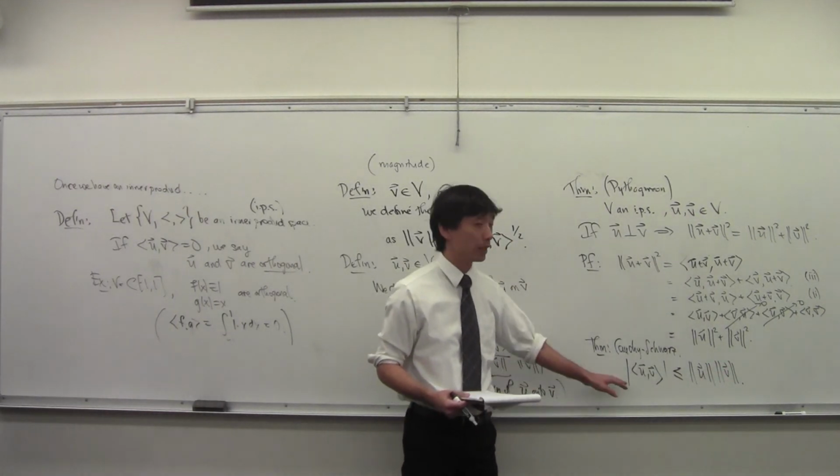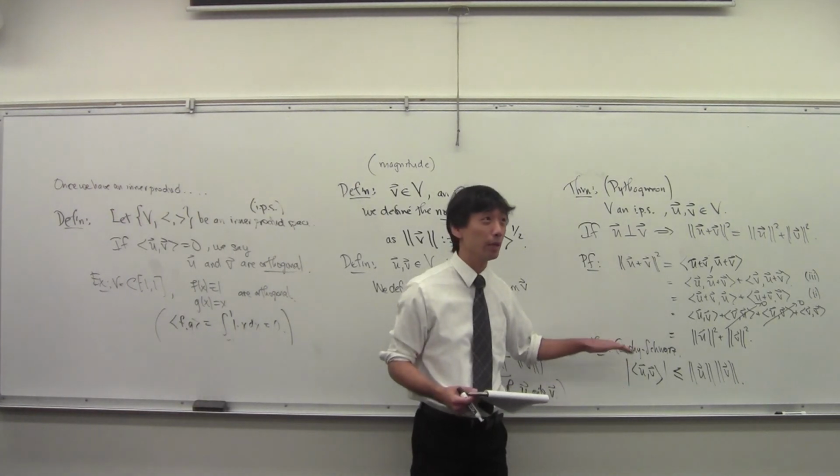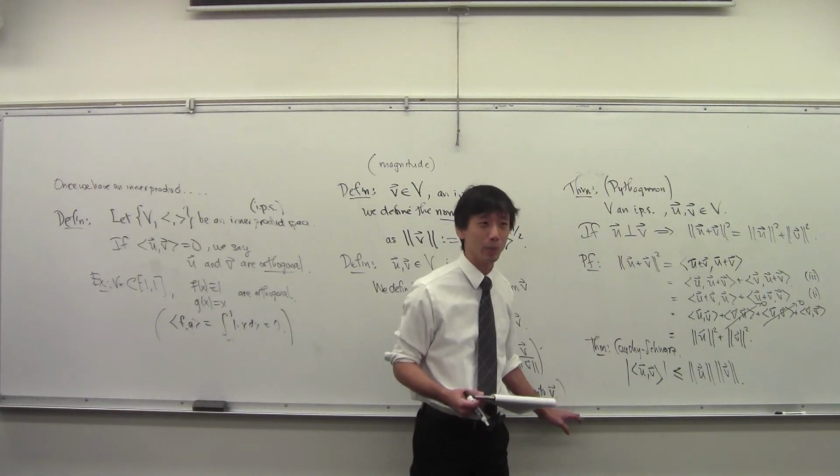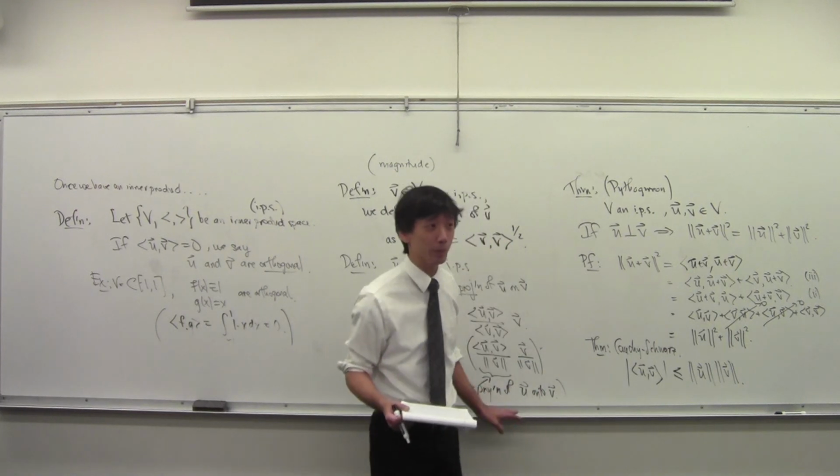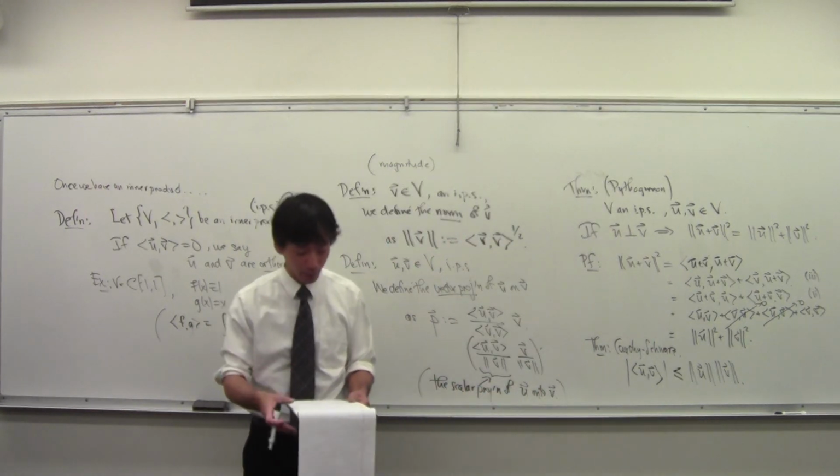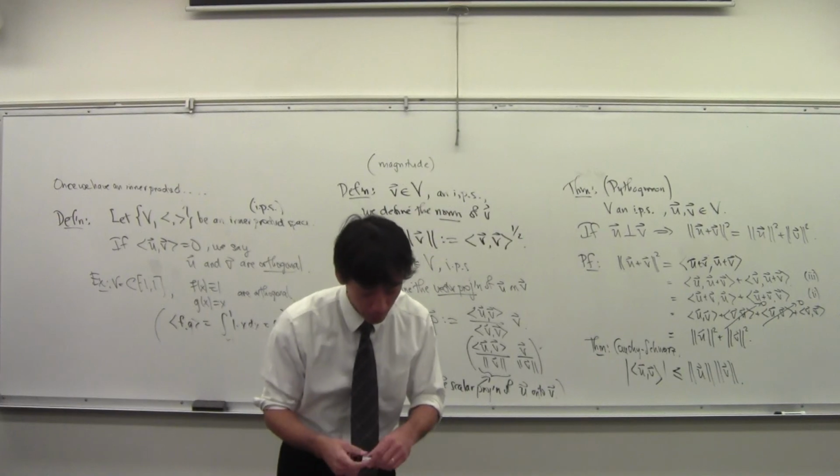But the proof of that is going to take more than 3 minutes, and I also have the exams to return. So let's stop here for now, and we'll get to this next time.